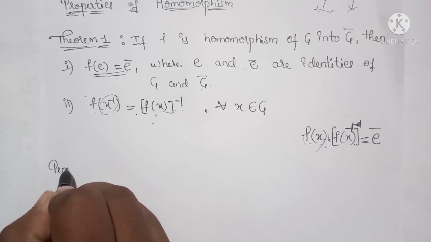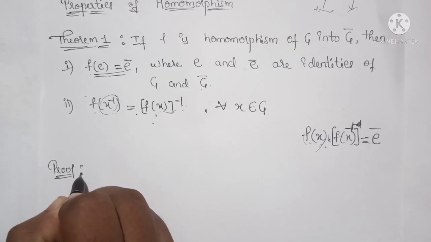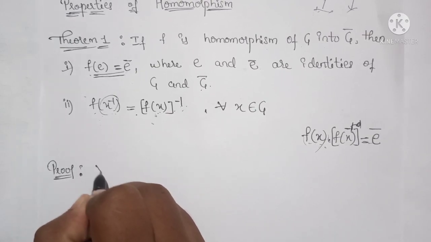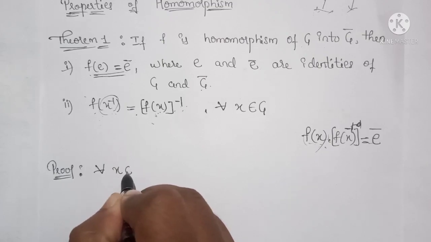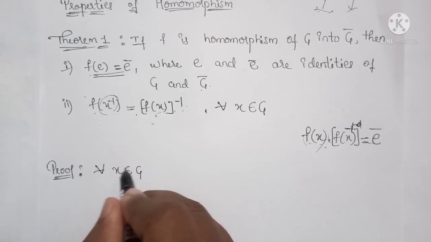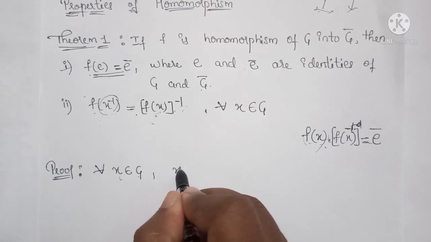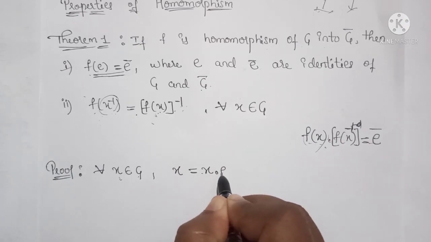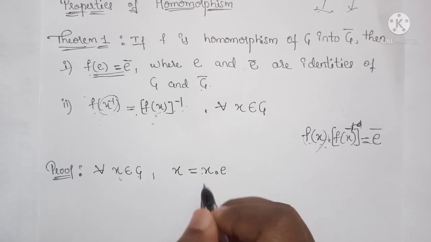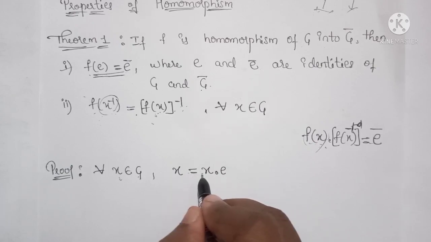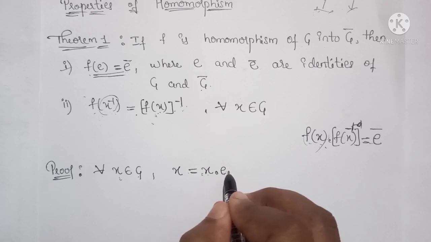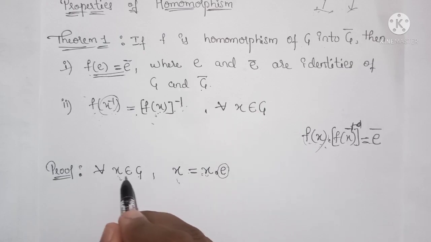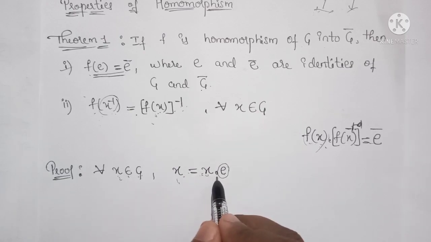Proof: we know that for any element x belongs to G, we can write x equals x dot e. So if you operate with the identity element you will get the same element. Okay, for x belongs to G we have x equals xe.